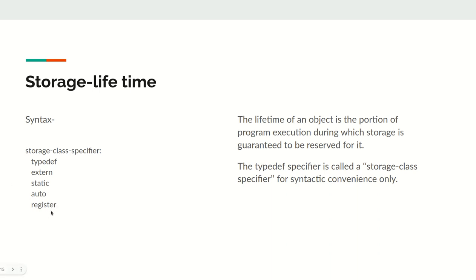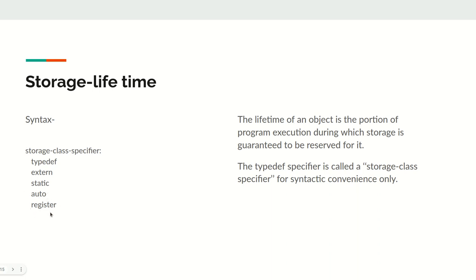And then register. The register is meant to identify the identifier and store it in a register itself. Some implementations internally consider it an auto identifier.